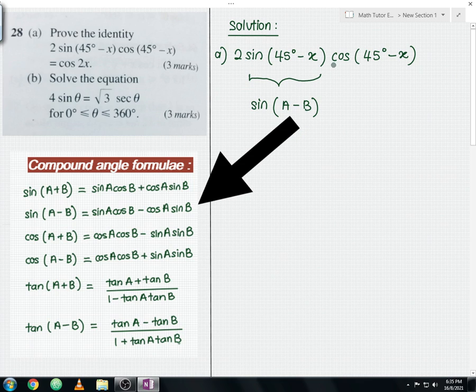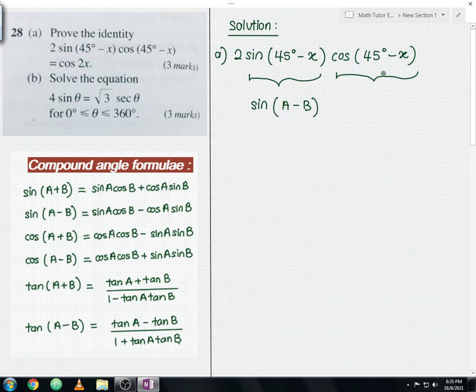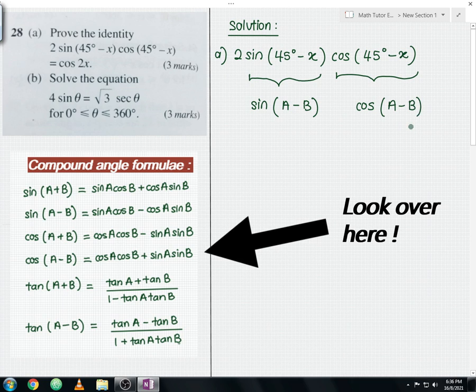And this will be your second compound angle formula, cos(45° − x). This cos(45° − x) is actually representing the formula cos(A − B). For sin(A − B) and cos(A − B), the full derivation I have shown you in the compound angle formula list, guys.